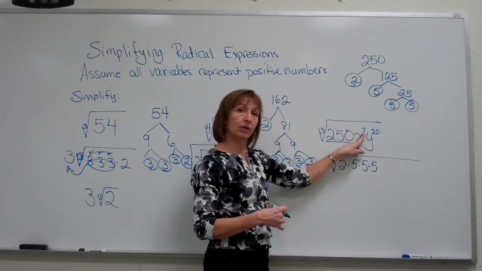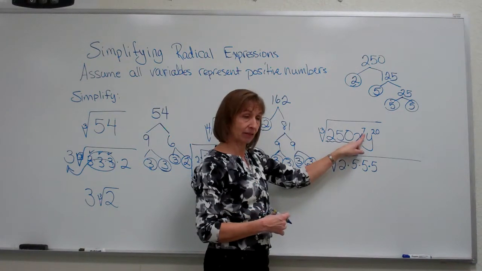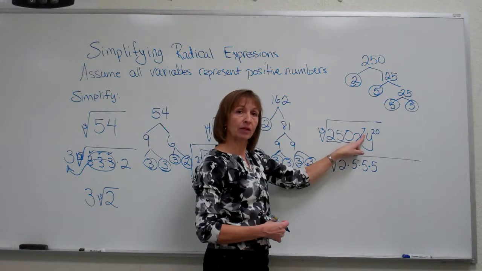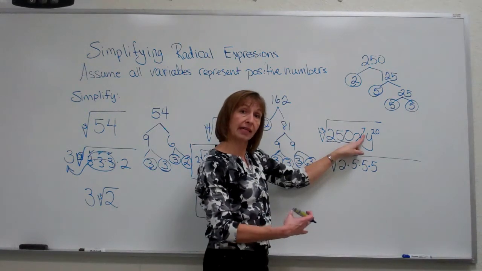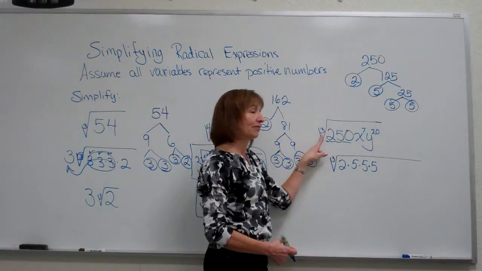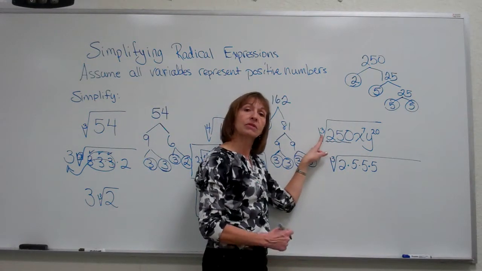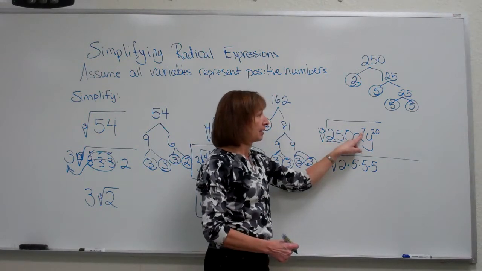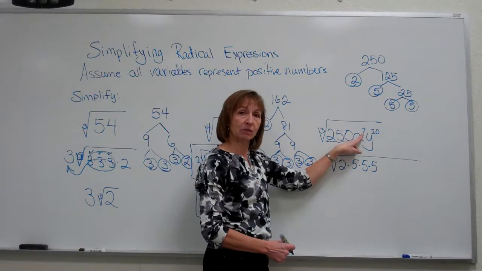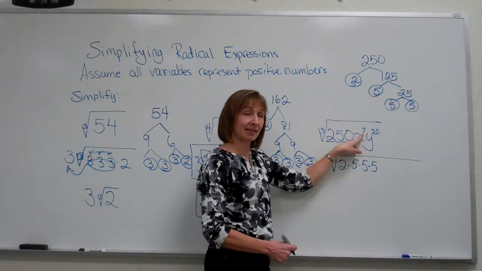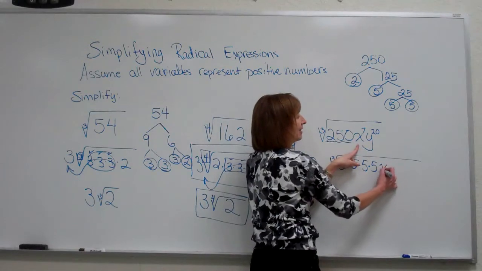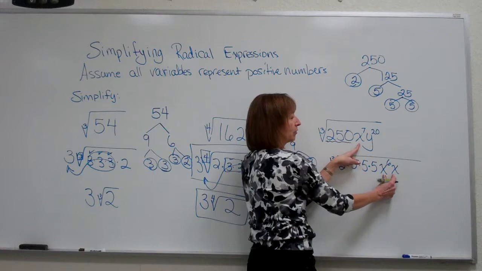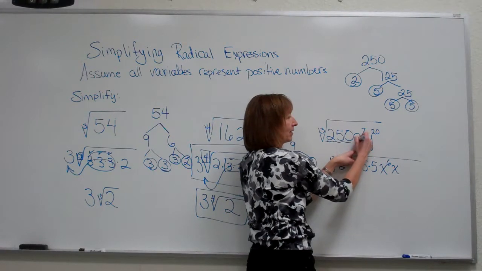So I want to think, with the exponent I have on my x, what number lower than my current exponent under the radical, but as close as I can get to it, is evenly divisible by the index. Well, since my index is 3, I want numbers that are divisible by 3. And the number that's just below 7 that's divisible by 3 is the number 6. So I'm going to have x to the 6th, and then I would need an extra factor of x to still mean the same thing as x to the 7th under the radical.